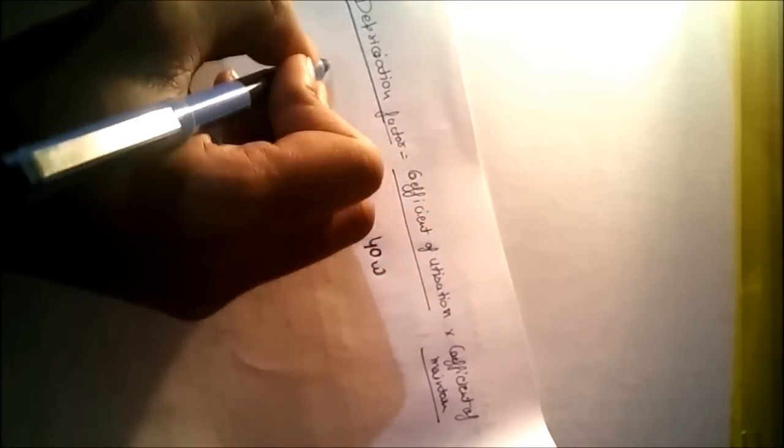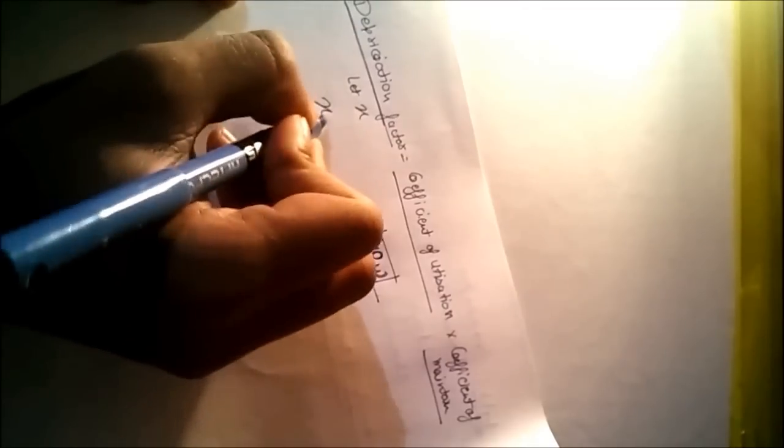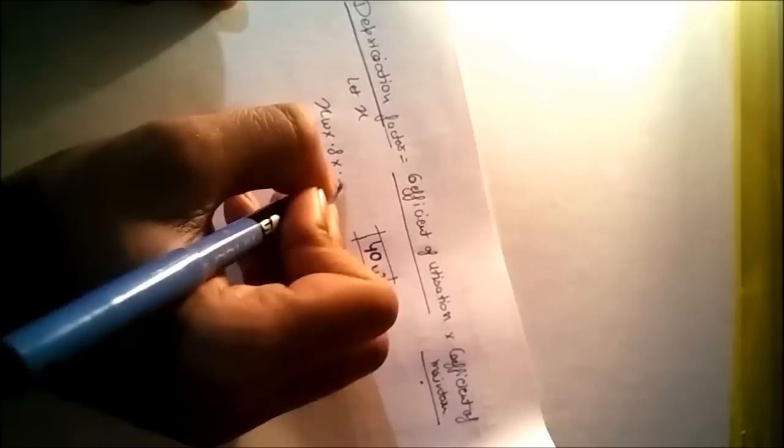Depreciation factor can be useful in any type of question. Suppose we need a 40 watt bulb, and in the question you see that the coefficient of utilization and coefficient of maintenance also apply, and we need 40 watts. So how much watt bulb do we need? Let's suppose we need an x watt bulb. We need only 40 watts, but we will take an x watt bulb into coefficient of utilization. Let's suppose it's 0.8, and coefficient of maintenance be 0.5.